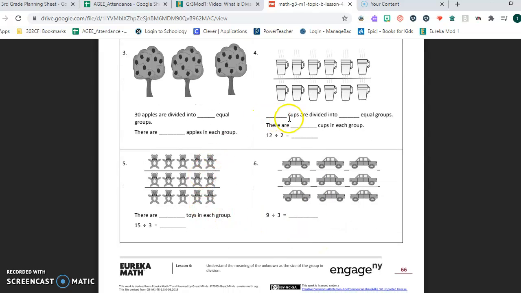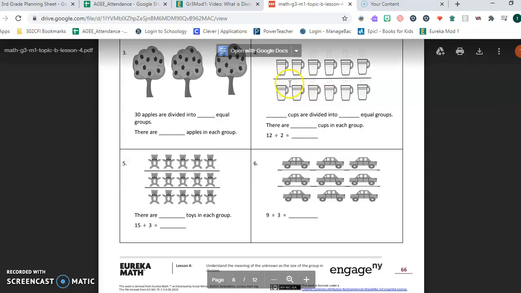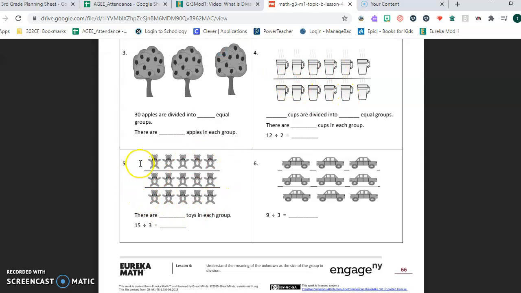All right, and now they start skipping that step where they tell you what they're asking you for, and they just show you the picture here. You can see we've got an array of teddy bears, and it's organized neatly. It says there are blank toys in each group.